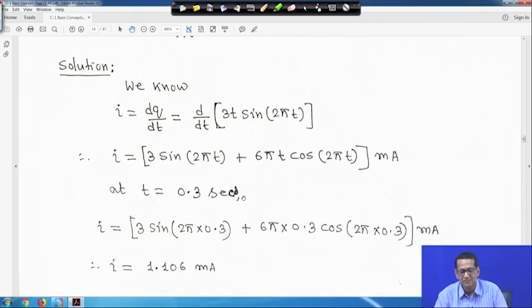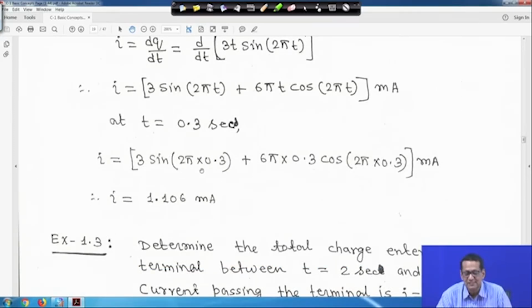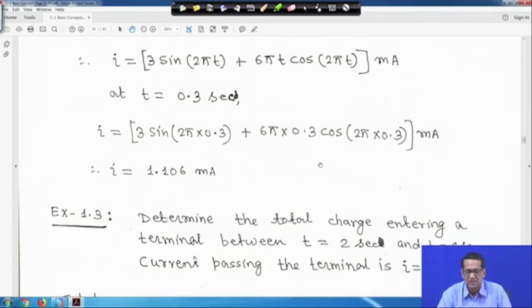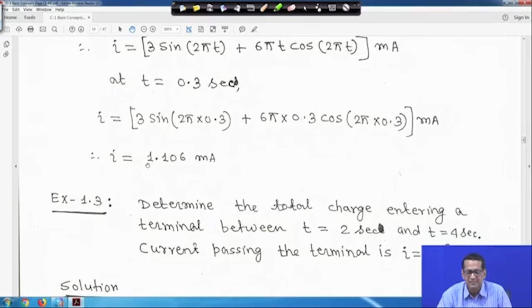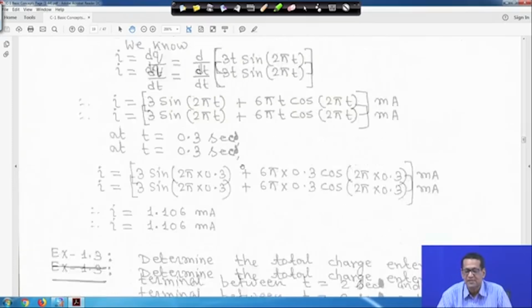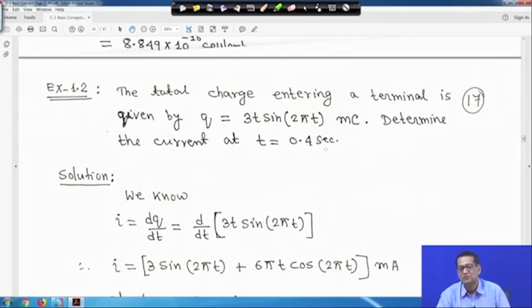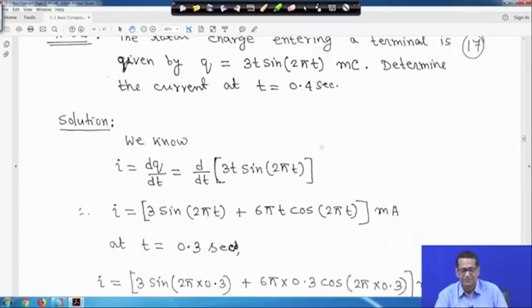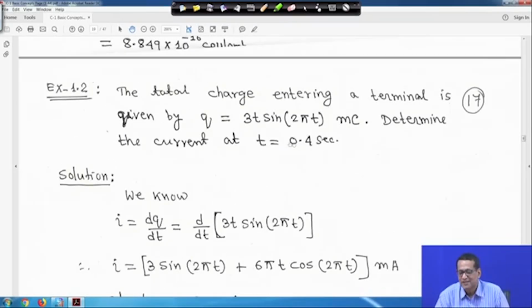So at t equal to 0.3 seconds, put t equal to 0.3 second. In this case, i is equal to 3 sin 2 pi into 0.3 plus 6 pi into 0.3 cosine of 2 pi into 0.3 milliampere. After computing this, you will get i equal to 1.106 milliampere at t equal to 0.3 second.